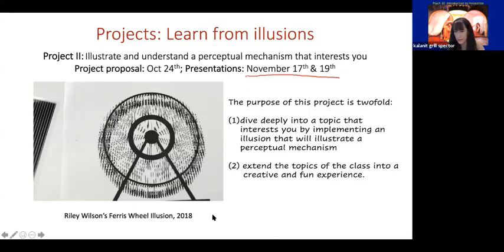This is an example from a student from the last time I taught the class in 2018. His name is Riley Wilson, and he was really curious about motion perception. He did this illusion to show how you can turn a still picture into a moving picture. He generated this image that's made out of lines, and then he had a grating on the side with black and white stripes.